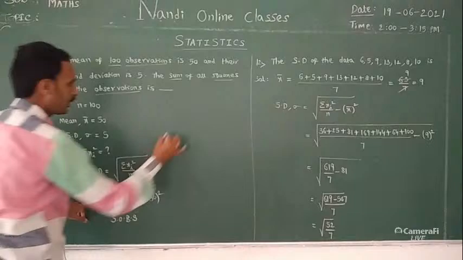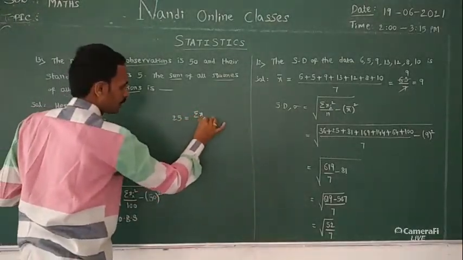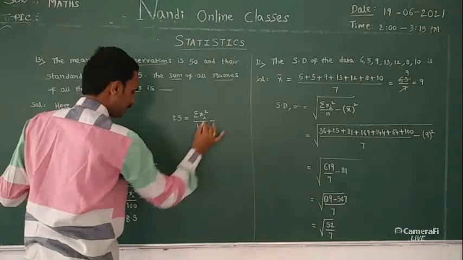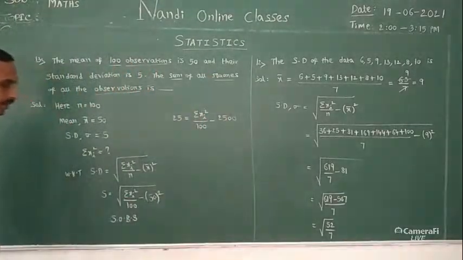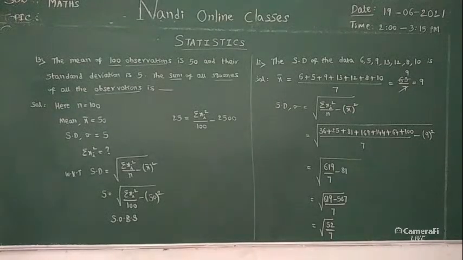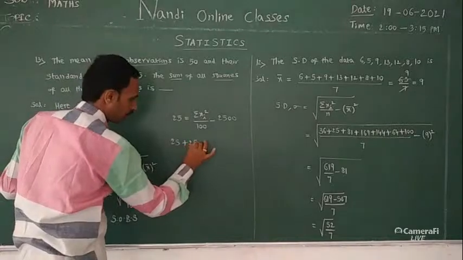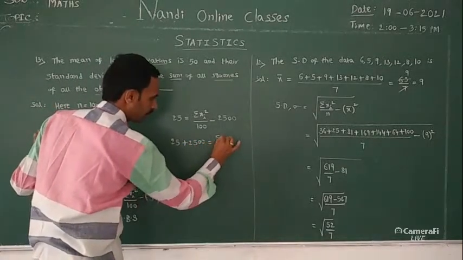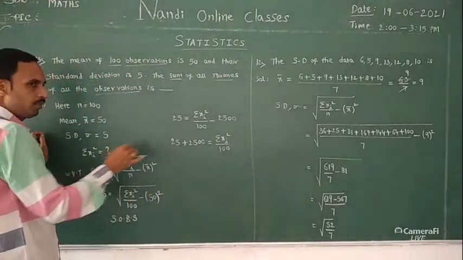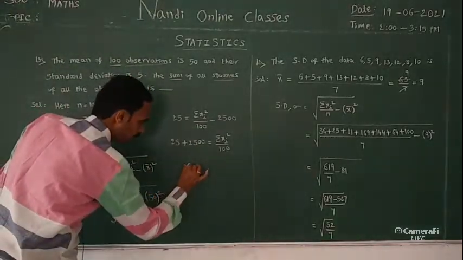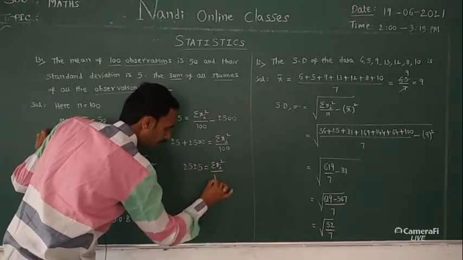Then 5 square is 25 is equal to summation xi square by 100 minus 50 square, 2500. Bring the minus term to the other side: 25 plus 2500 is equal to summation xi square by 100. 25 plus 2500 is 2525 is equal to summation xi square by 100.